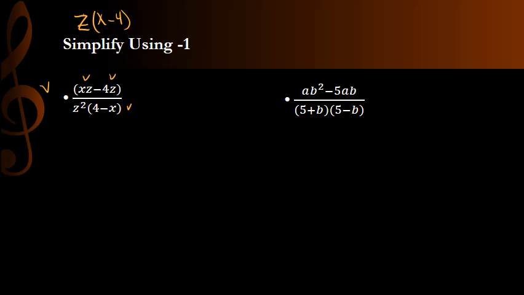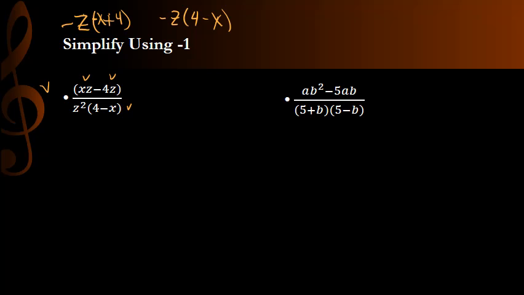Now, if I factored out a negative z from that same thing, this would change to negative x plus 4, which I could actually then write as negative z times 4 minus x. Now, let's FOIL that back just to prove it, or distribute that back.